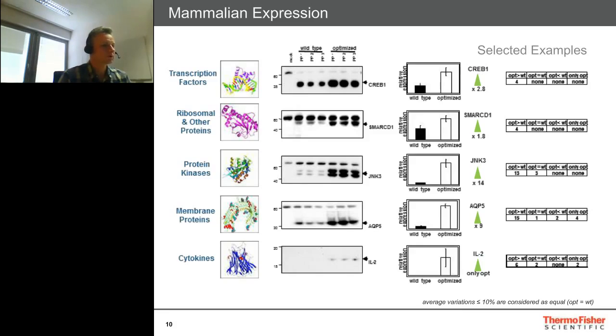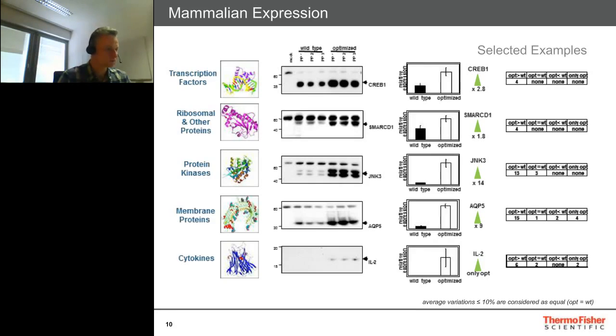We succeeded to increase the expression in most of the cases quite nicely. Sometimes it's only 1.8-fold, so to speak, and sometimes it's 14-fold. Sometimes it was possible to detect the optimized gene only, not the wild type gene.